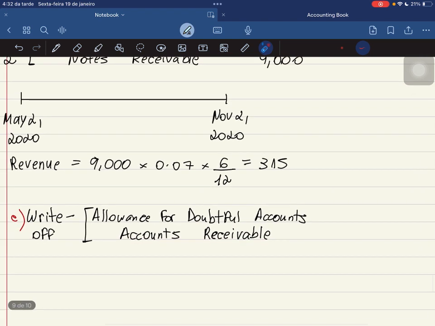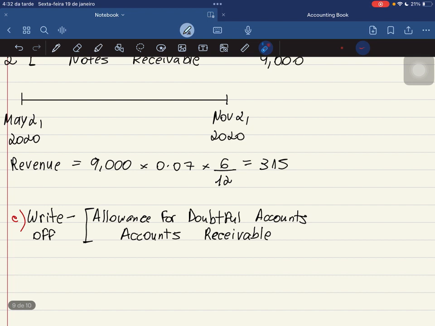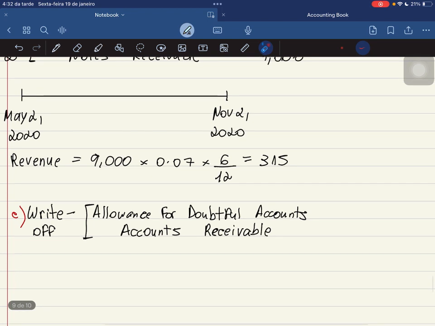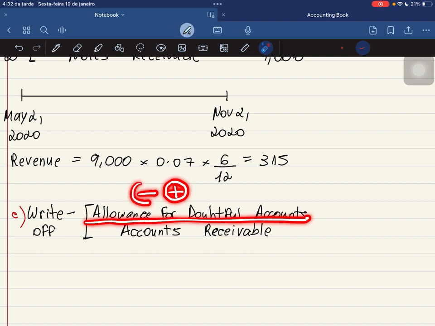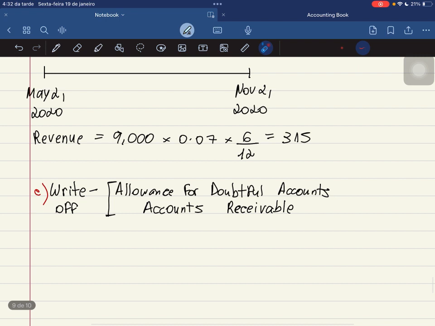And the allowance for doubtful accounts is a credit balance, which means that it is a minus and a plus, and the increases happen on the credit side. In this position over here, it is a minus, right? Okay, so why am I debiting allowance for doubtful accounts? Because allowance is kind of like money that you keep in order to use somewhere, right?